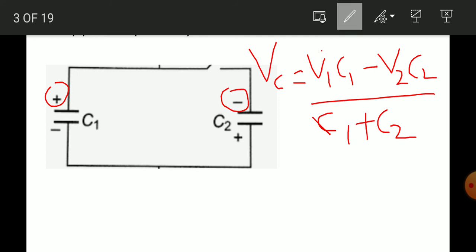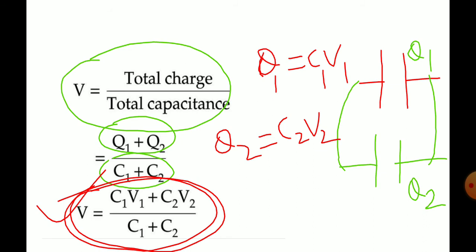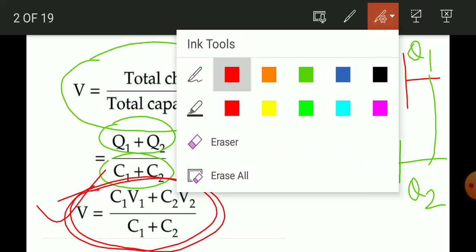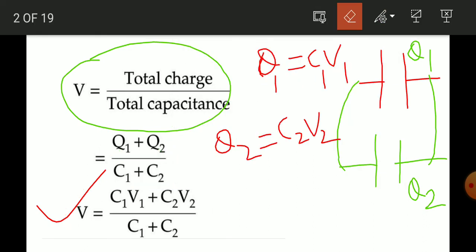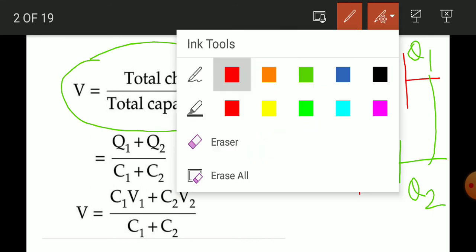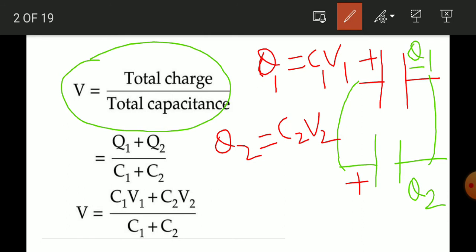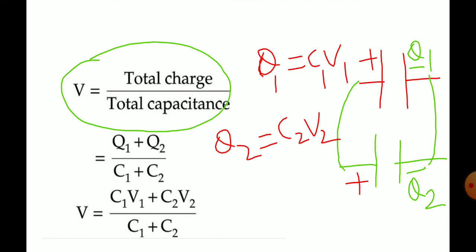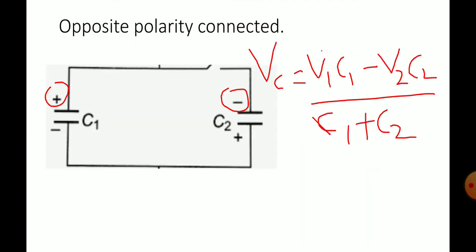In the earlier formula, there was a positive sign because we were connecting the positive terminal of one capacitor to the positive terminal of another, I mean positive plate, and likewise same polarity. But if we connect capacitors with reverse polarity, a minus sign will appear in the formula. So this is the difference. Let me show you one numerical based on this.